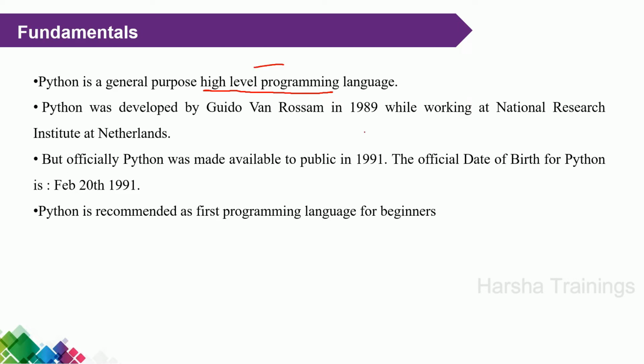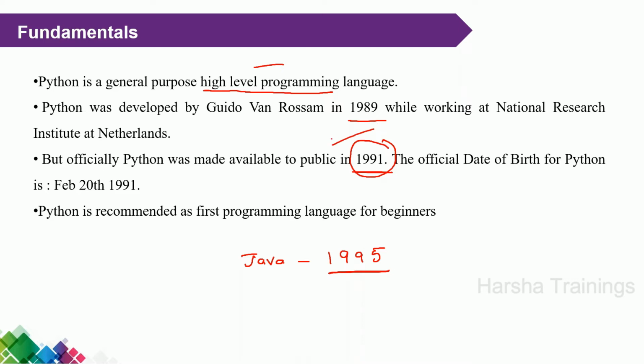Python was developed earlier, but it was made available to the public in the year 1991. Generally, most people think that Java is the old programming language and Python is the new programming language. But that is not true. Java was developed in the year 1995 only. Before Java, Python was developed.